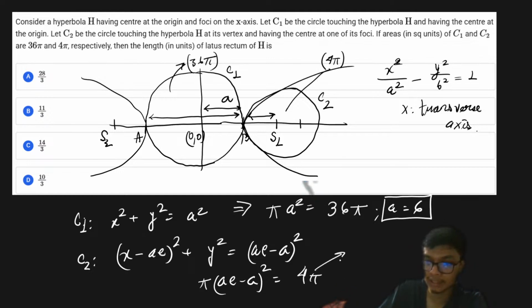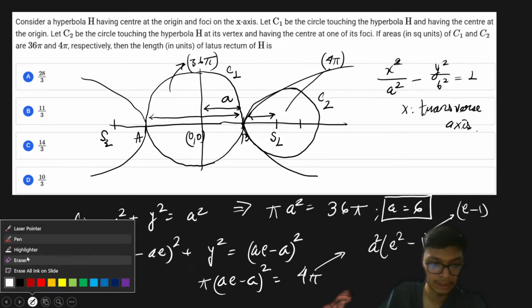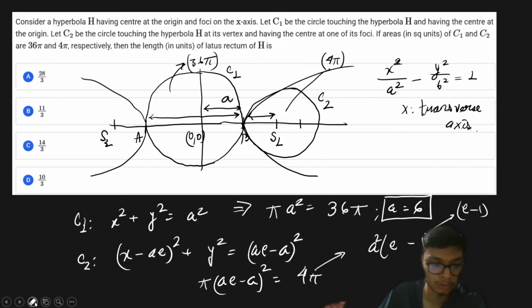So from this I will have a square into (e minus 1) whole square is equal to 4. Sorry, this should be e minus 1 whole square, right? Let's correct it. So this should give me the solution of e minus 1 as 1 upon 3. So from this I will get the value of e as 4 upon 3.